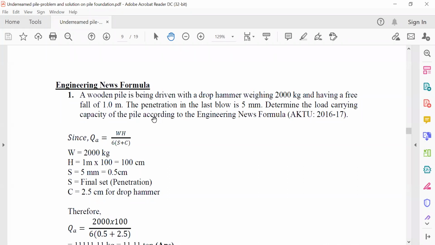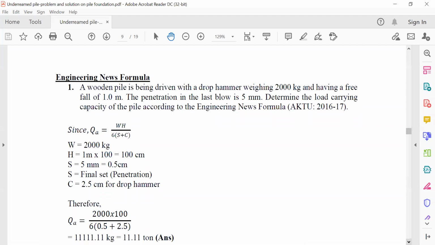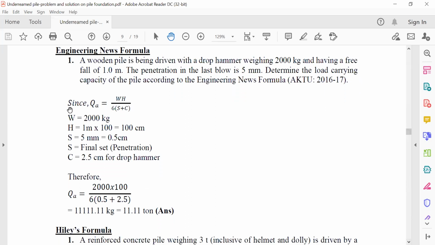See, the engineering news formula or whatever dynamic formula or static formula is there, these formulas are used to determine the bearing capacity of a single pile. So you see QA is equal to, this formula we will use. Now this is the allowable load, and if the question asks for allowable load and the engineering news formula is given, then we directly get the allowable load. Otherwise, with other formulas, we can calculate the ultimate load QF.